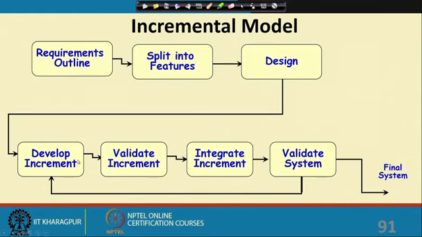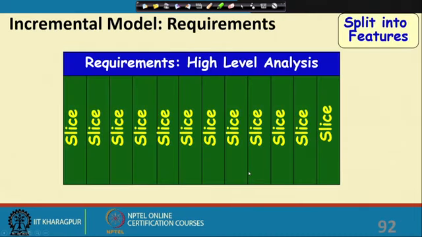Then they keep on developing the increments, test the increment, integrate with the previous software, validate the system, and keep doing this until all the features are accommodated, and then finally they deliver the system. The initial requirements are split into features, and then they go on developing one feature at a time.